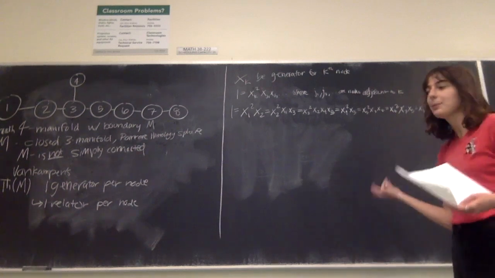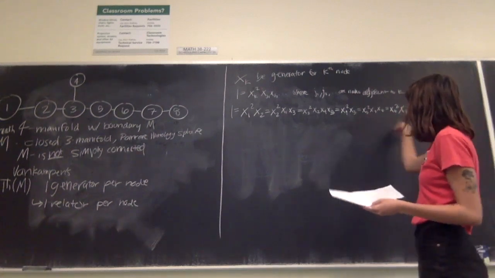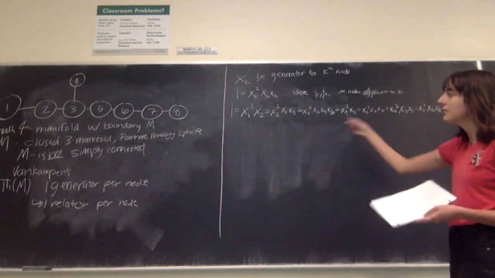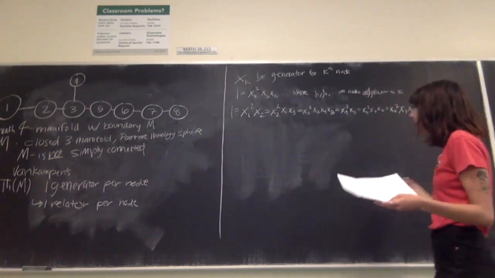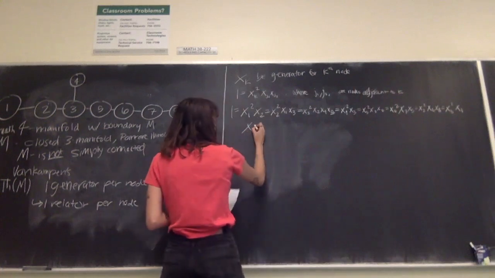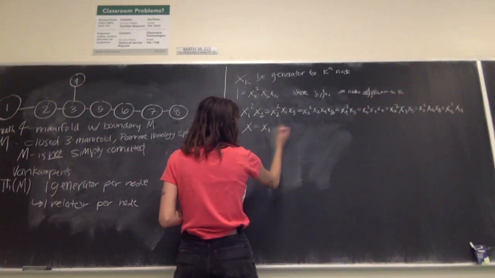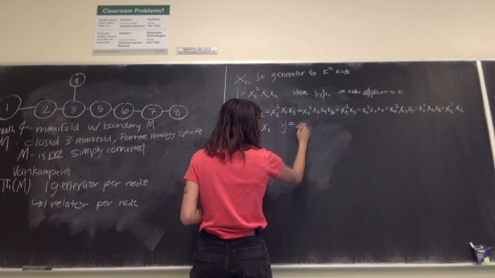And if we did a bunch of algebra, we would be able to figure out that we can express this in terms of just x1 and x8. So we're going to have x equal x1, and then y is going to equal x8.